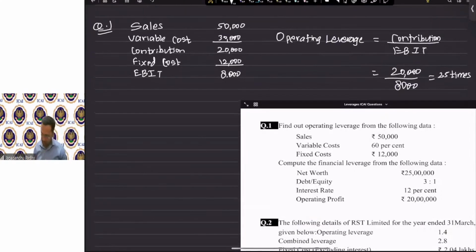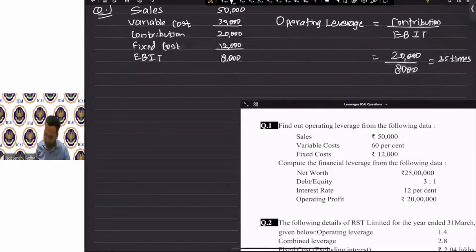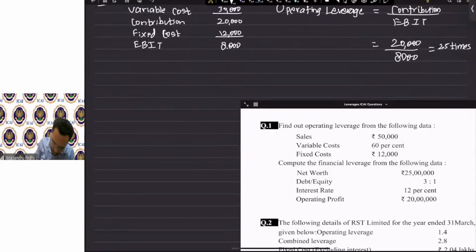Then the second part of the question is you have to compute the financial leverage. Okay, so we've got the net worth of 25 lakh. And we have a debt equity ratio.